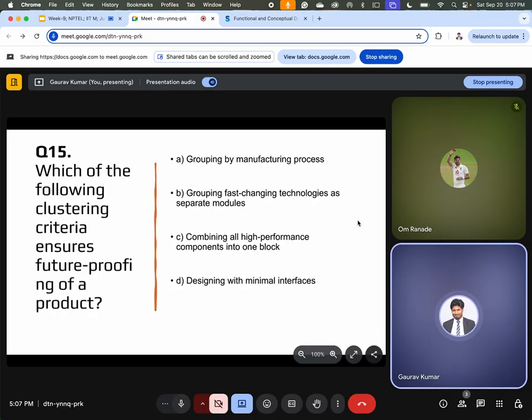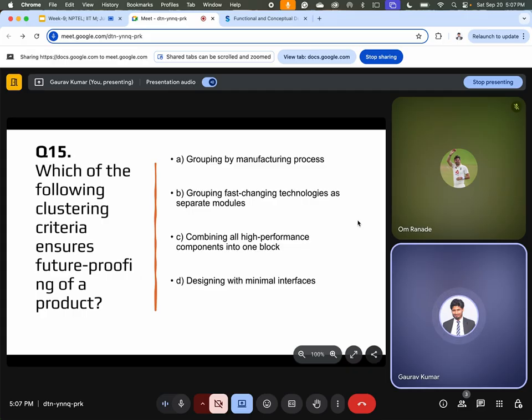This ensures that when new innovations emerge, only that specific module needs to be updated rather than the entire product. For instance, in a smartphone, the display and processor evolve rapidly, so they are often designed as separate modules. This allows manufacturers to introduce upgrades more easily while keeping other systems stable.